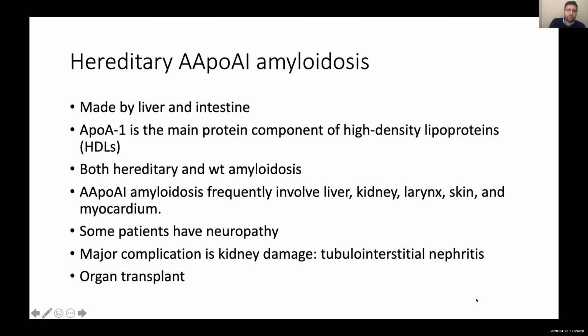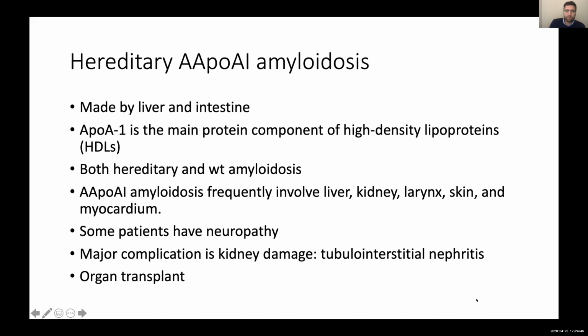It depends on the mutation and the patients, but a lot of patients develop amyloid in the skin, so it's visible. They also develop hoarseness in the voice, so it can kind of run in the family. They have like a smoker voice, but they actually never smoked. So people can tell in their family when the disease has started.